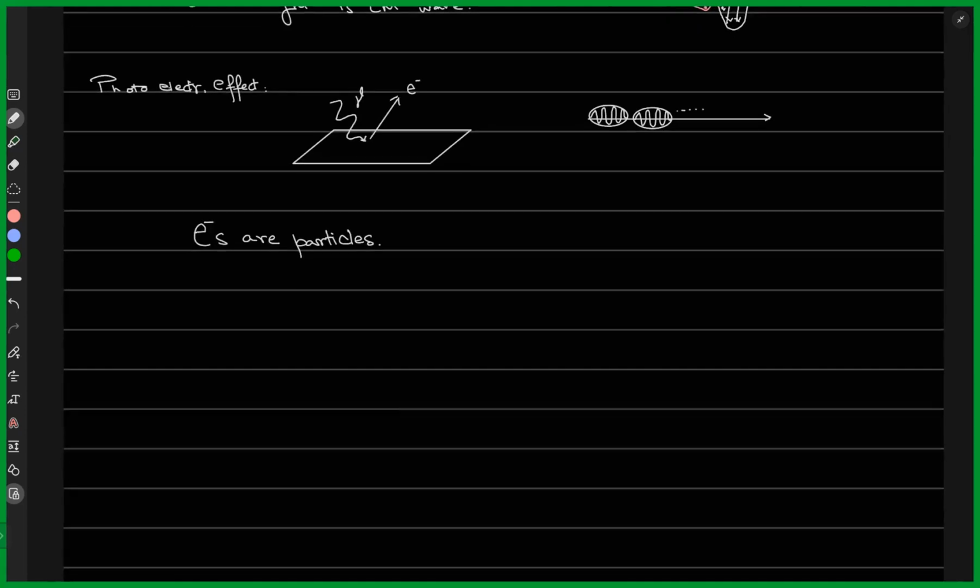Now, I wrote that electrons are particles. I meant light or photons. When I say light is a particle, it does not mean what we have been talking about before, that particles were point-like objects which carried zero size.